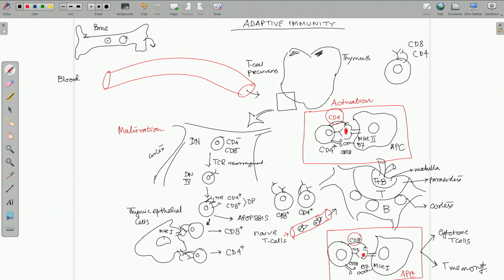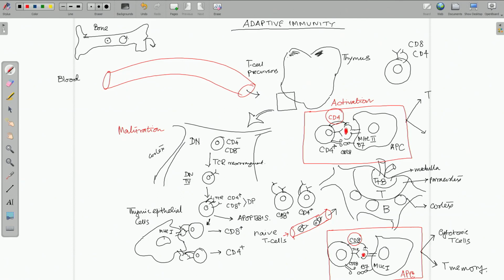And those which interact by their CD4 co-receptors with the MHC class 2 molecules presented on the surface of the APCs will finally produce different subsets of T cells.